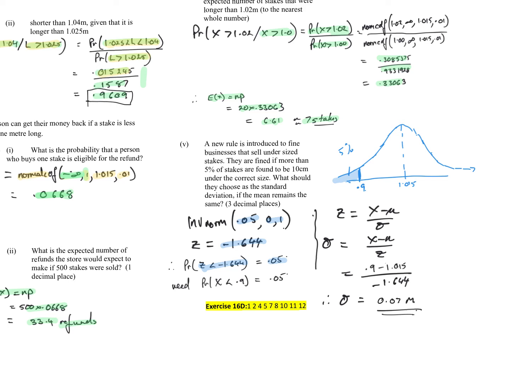So what does the standard deviation need to be to make this statement true: the probability that X is less than 0.9 is also equal to 0.05? We know Z is equal to X minus mu on sigma, so sigma is equal to X minus mu on Z. My X value, 0.9, minus 1.015 over negative 1.644 gives me a standard deviation of 0.07.